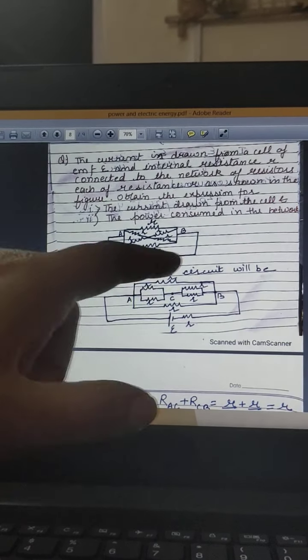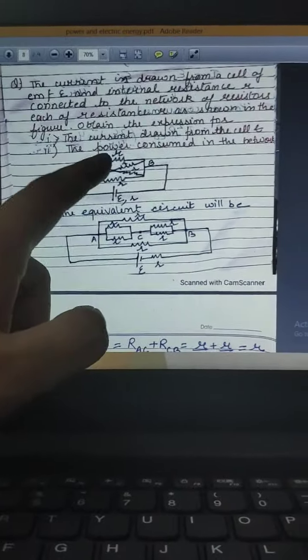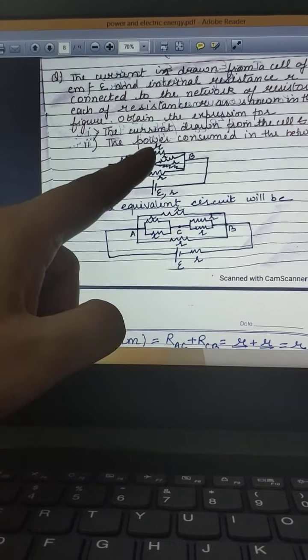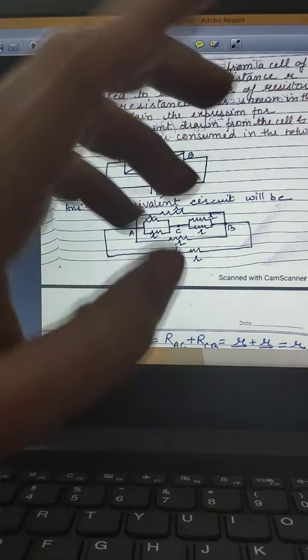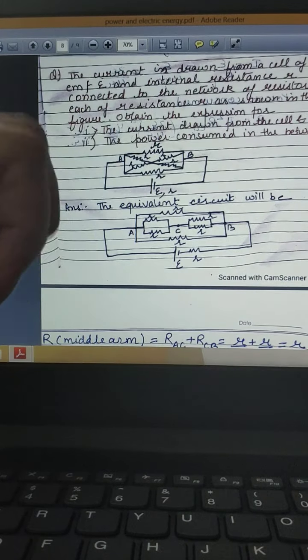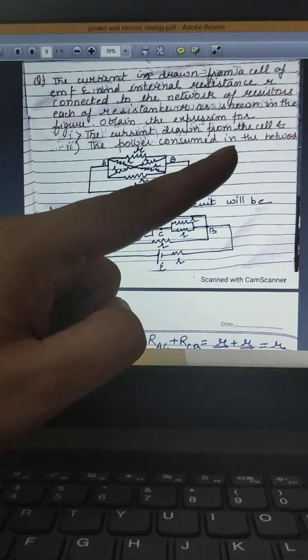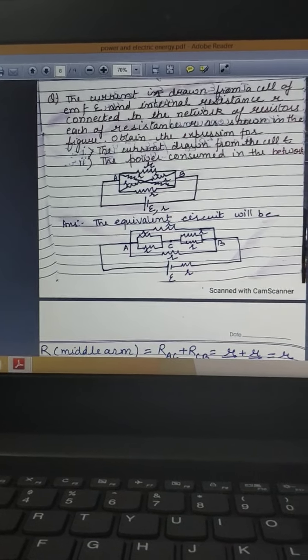So the question is that the circuit is connected to a cell of EMF E and internal resistance R. Further, the circuit is connected to how many resistances? 6 resistances, each of resistance small r. Right? So first of all, we have to find out the current drawn from the cell. And the second thing which we are going to find out is power consumed in the network. Consumed is also dissipated.